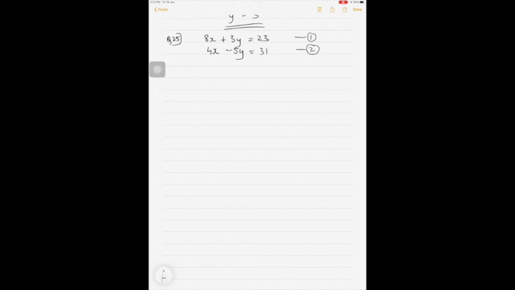This is equation 1, this is equation 2. The best way is to multiply 2 to equation 2. Then my 4x will become 8x. Correct? Then the x part I can cancel. So what I'll do is 2 into equation 2.